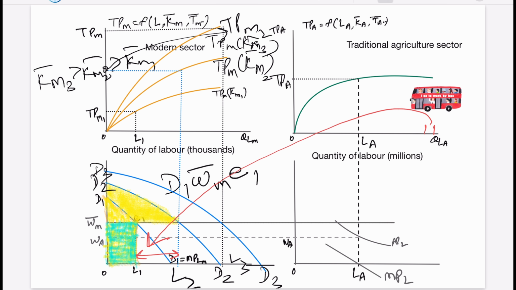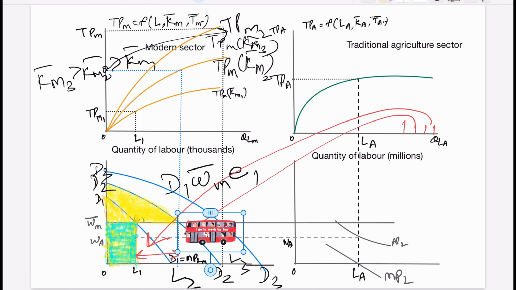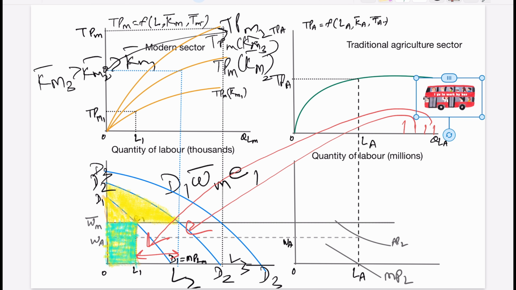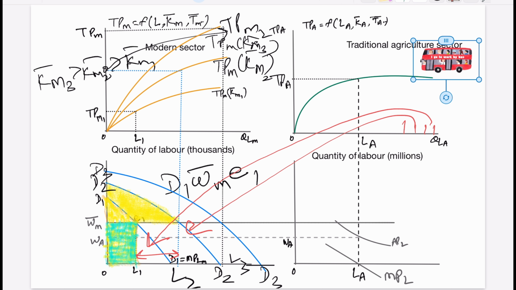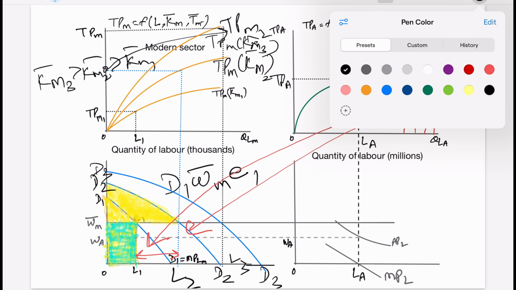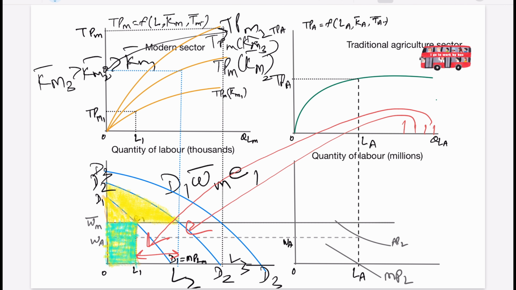So again, from where are we getting workers? We will hire more workers and shift them here. Again, my bus will start from here and dump my workers here. So see how this is happening. What is happening overall? The size of the agricultural sector is shrinking.